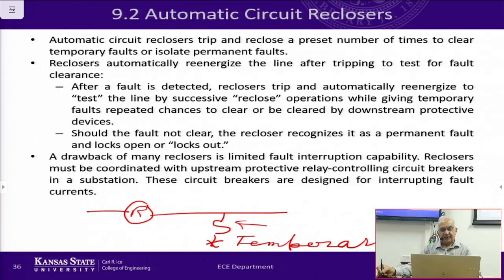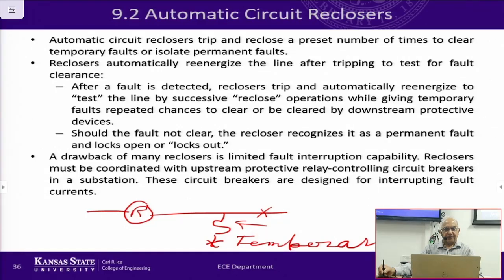Okay? Now if the fault instead happens to be here, right here, then it will open, close, and then if it happens to be permanent, then the recloser will open to protect the rest of the system. But if the fault is temporary, after a few reclosing operations, the system will come back to normal.